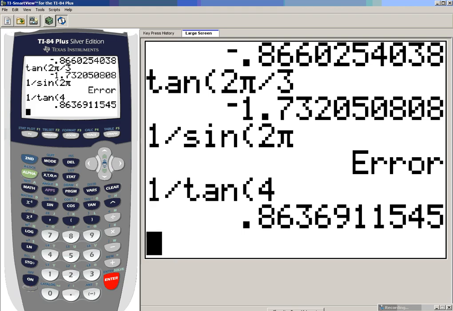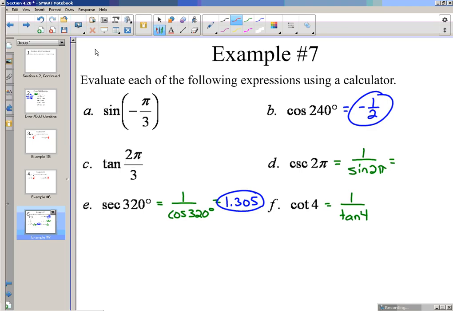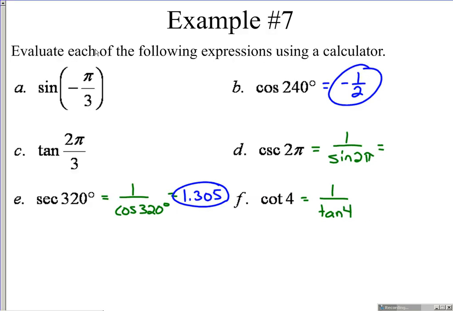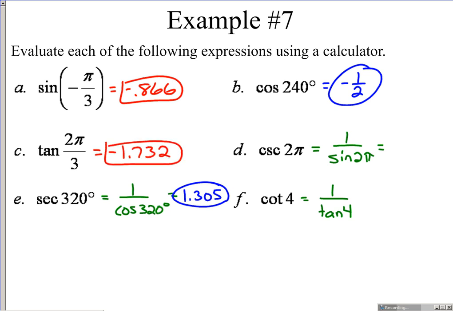Okay, let's go ahead and record each of these. First one, sine of negative pi over 3 was negative 0.866. Tangent of 2 pi over 3 was negative 1.732. Cosecant was 1 over 0. 1 divided by 0 is undefined.